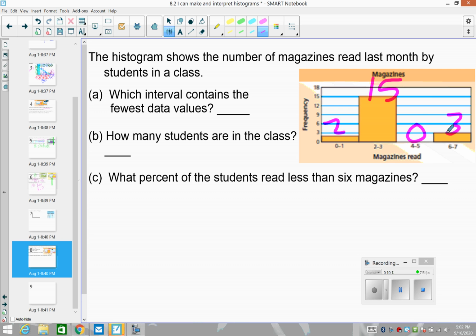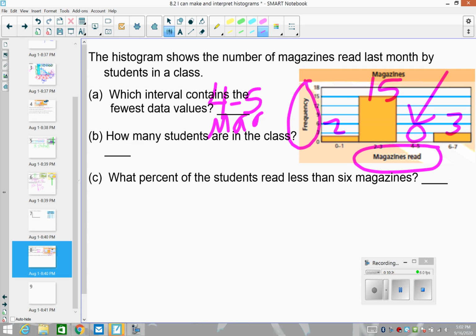Okay, cool. Which interval contains the fewest data values? It looks like we're talking about how many magazines they read and how many students said they read that many magazines. So 4 to 5 magazines was the fewest interval. We have no students that read 4 to 5 magazines. How many students are in the class?